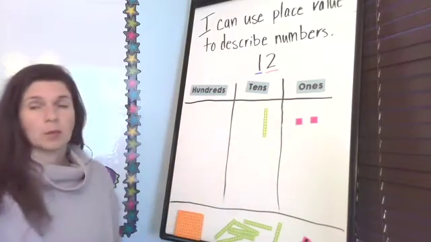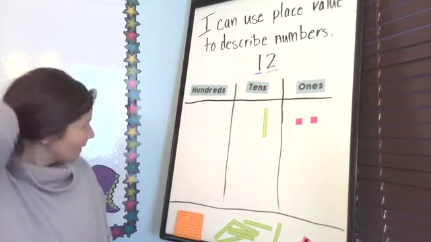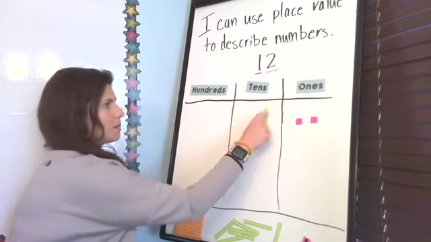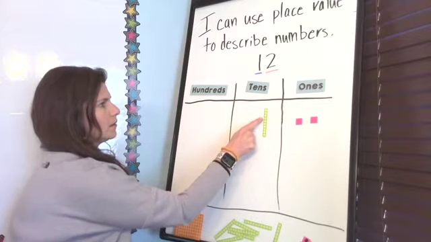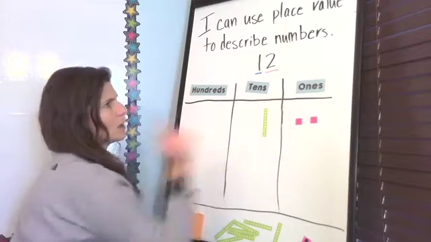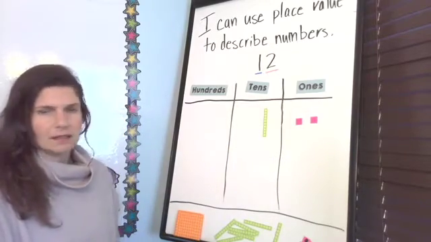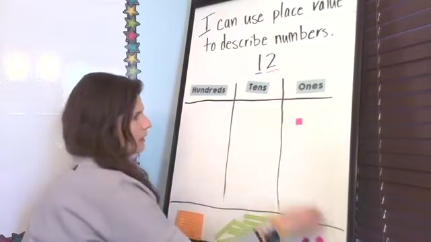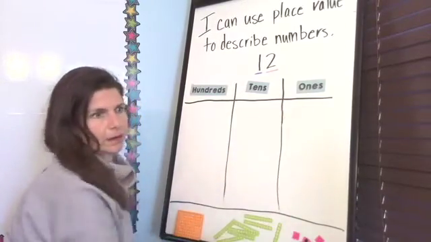And this represents the number 12. That's another way to describe numbers. And if I count up all the little spots, 1, 2, 3, 4, 5, 6, 7, 8, 9, 10, 11, 12, I know that that is right, okay? So let's put these back down and we're going to try another number, all right?